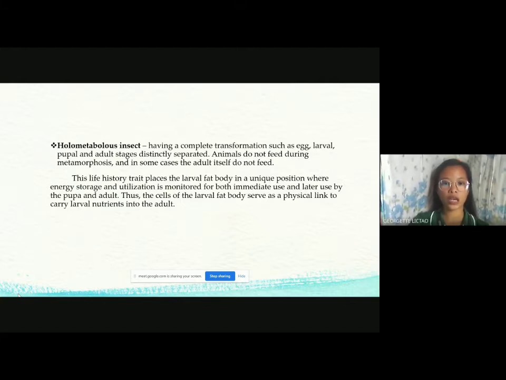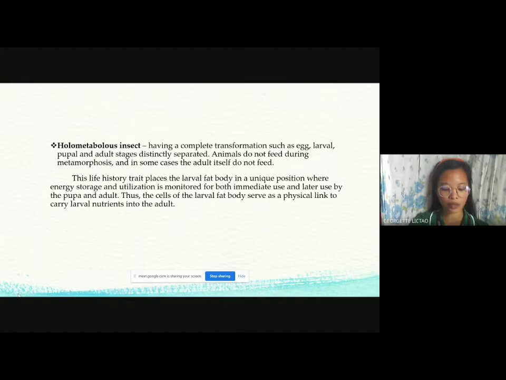The life history places the larval fat body in a unique position where the energy storage and utilization is monitored for both immediate use and later use by the pupa and adult. Thus, the cells of the larval fat body serve as a physical link to carry larval nutrients into the adult.